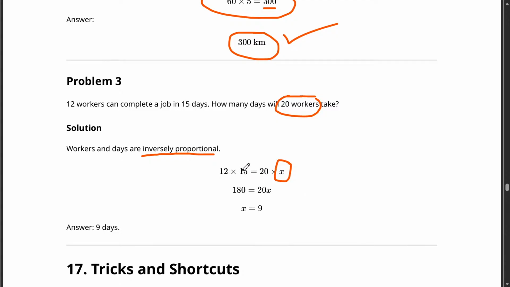Calculating this, we get 9. So it will take 9 days.